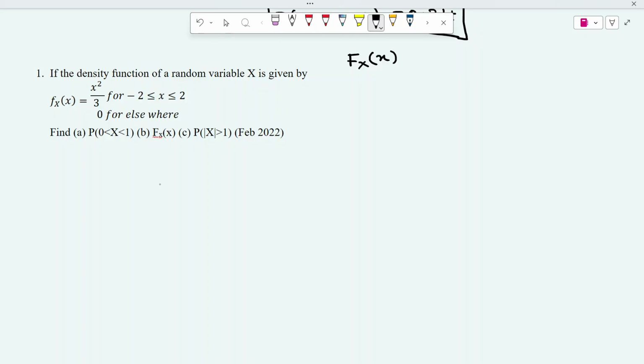So here it was asked to find the probability of 0 less than x less than 1. For this we have to use the property of the density function.